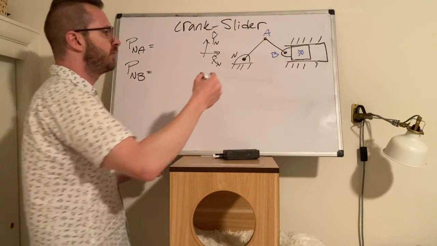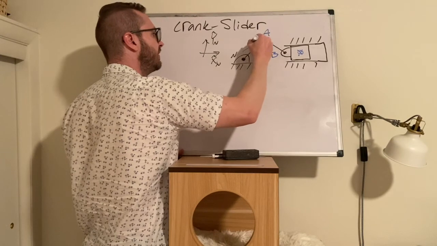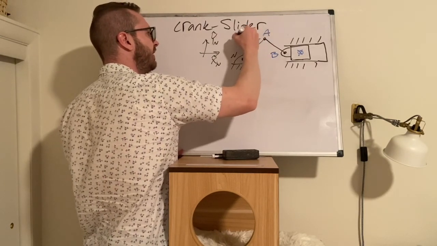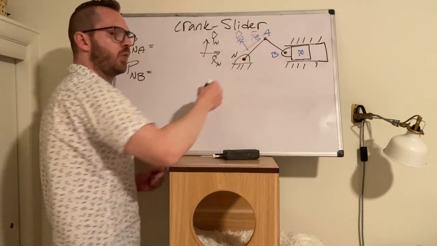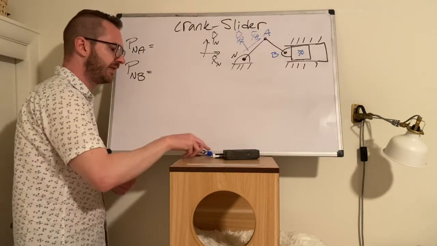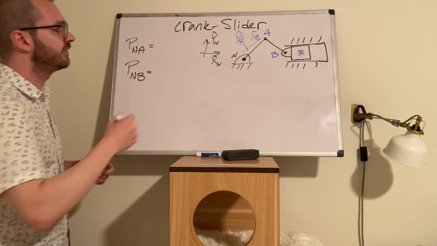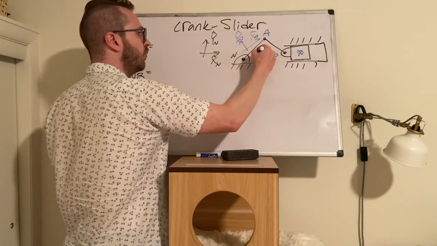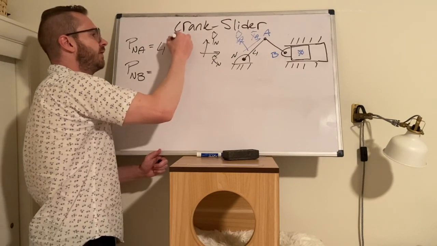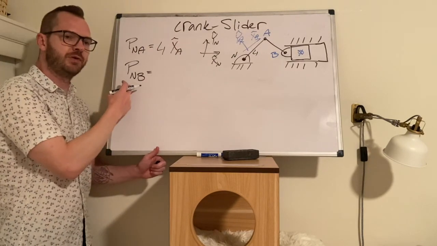We know we've got to put a frame on this, so I'm going to put the A frame like that, X_A and Y_A, and then we can come over to the position vector and define this as, let's say, L1 X hat A. All right, so what do we want to do for the next one?